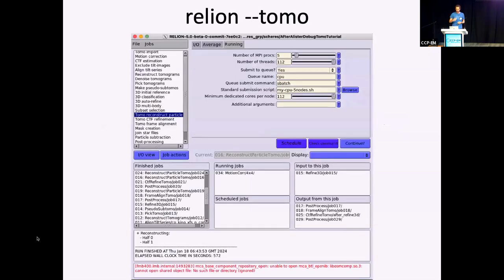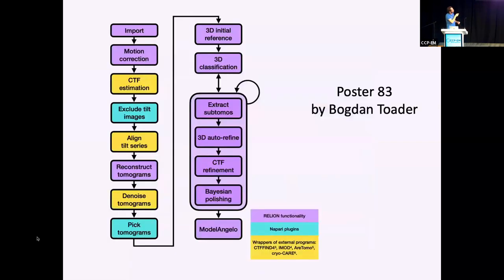Provided you install version 5.0 beta 3 and you type relion --tomo, you get a specific GUI that looks just like the one for single particle, but is now geared towards tomography. So we start with the import, and these are raw movie frames from your microscope in EER or TIFF or MRCS or whatever, and the mdoc files, from Relion or this Thermo Fisher software.